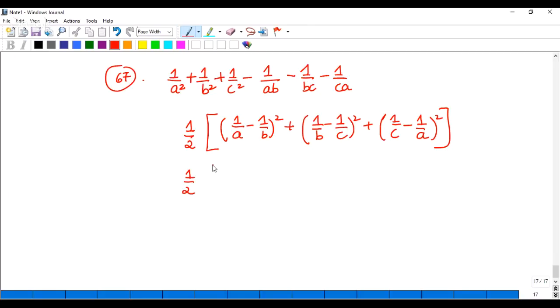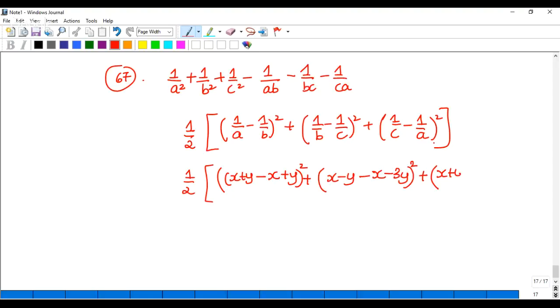Now substituting the values, I get 1 by a minus 1 by b is x plus y minus x plus y, whole square, plus 1 by b minus 1 by c is x minus y minus x minus 3y, whole square, and 1 by c minus 1 by a is x plus 3y minus x minus y, whole square.